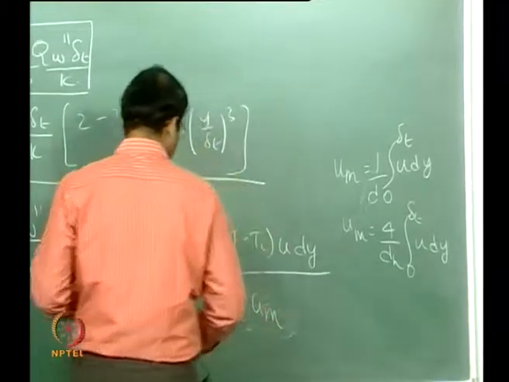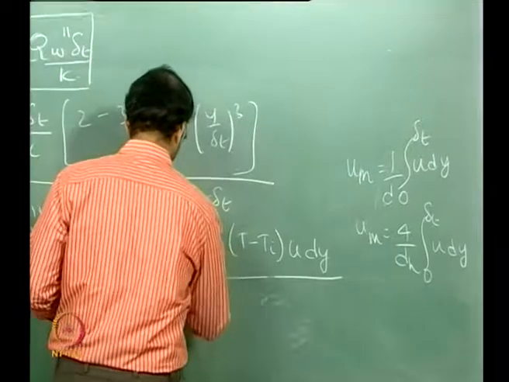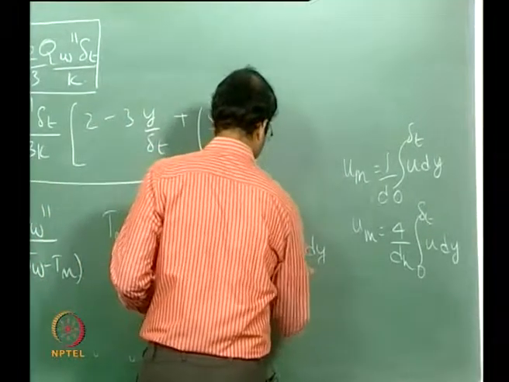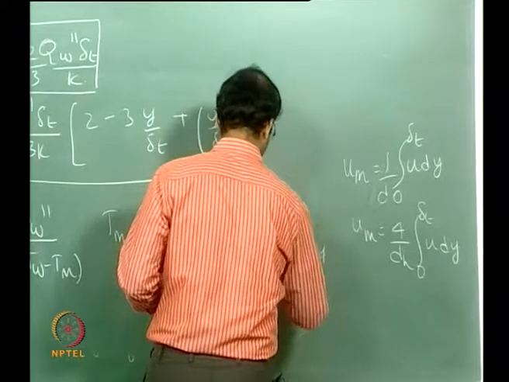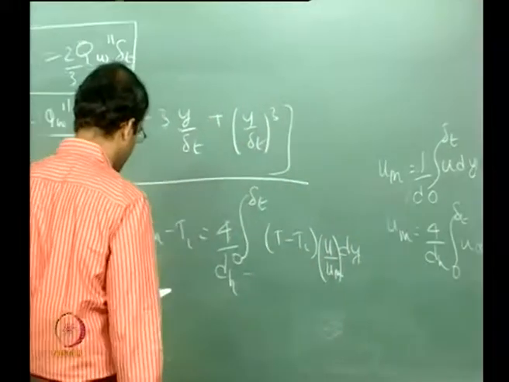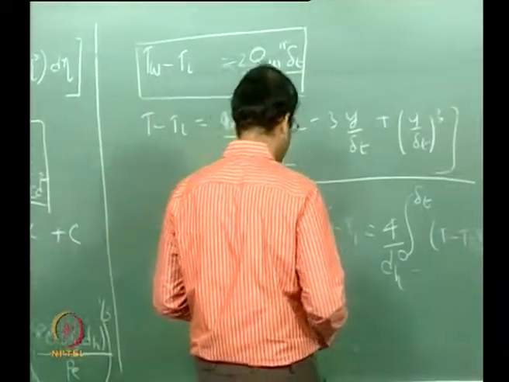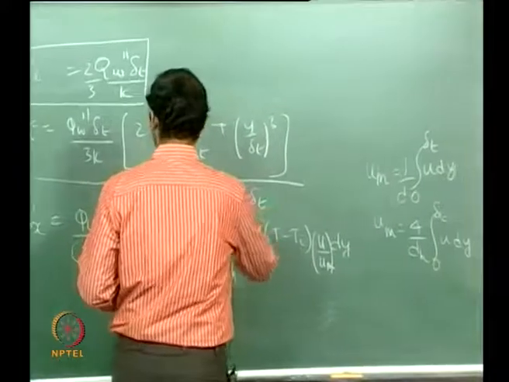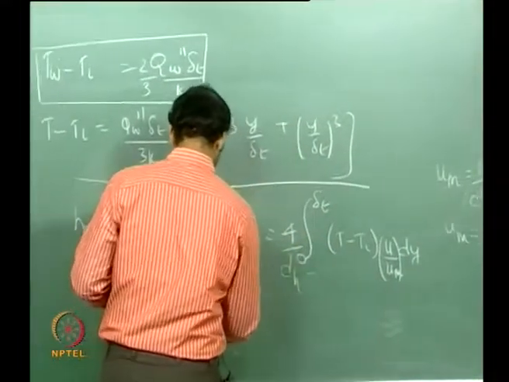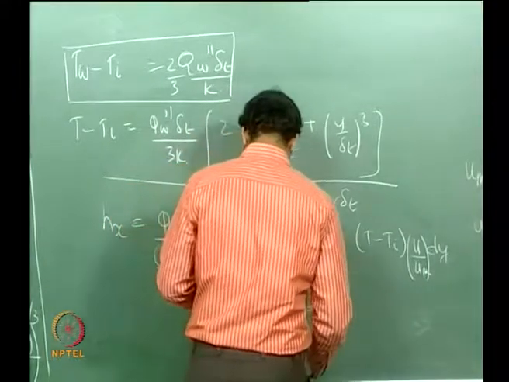So now you get an expression where you have 4 by dh and you have u by um here. I already have an expression for u by um, and I also have an expression for T minus Ti, which is this, so I can substitute both of them into this expression and get an expression for Tm minus Ti.